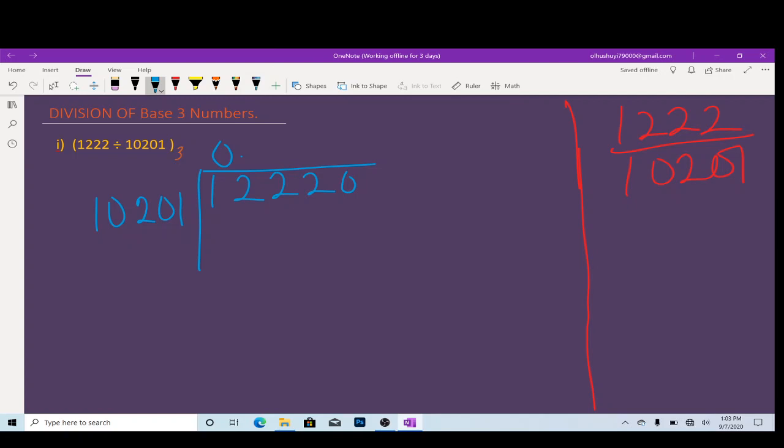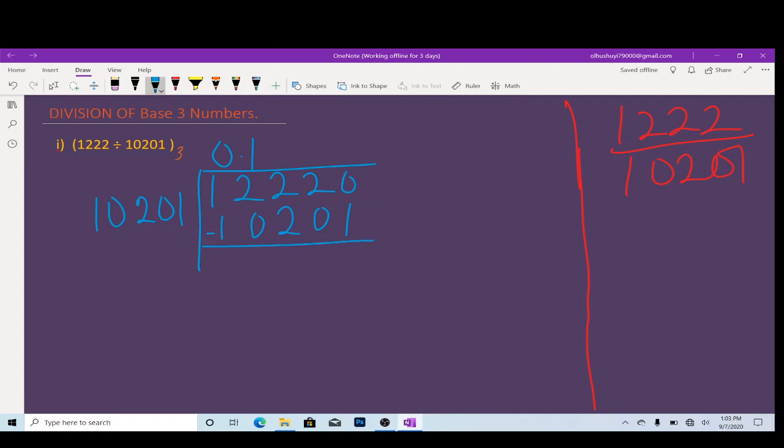Your answer of course should be between 0, 1 and 2. You should know that because it's in base 3. Dividing in base 3, this one will be 1. Then this times 1, we have 1 0 2 0 1. Subtract.